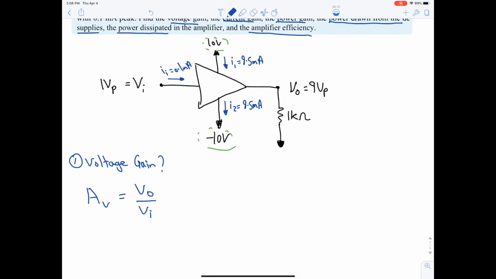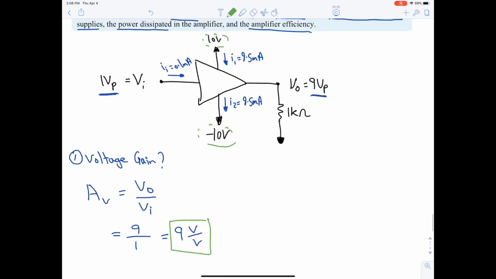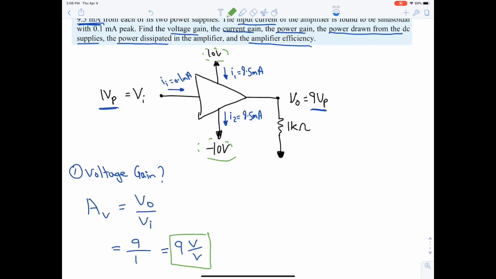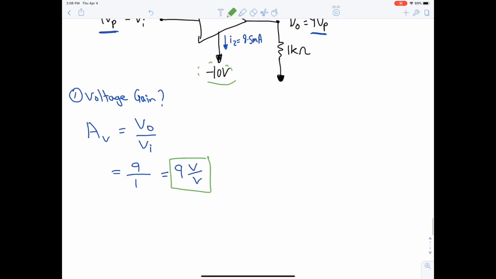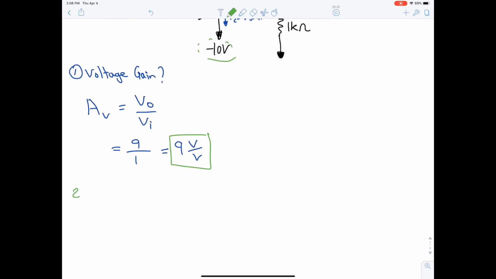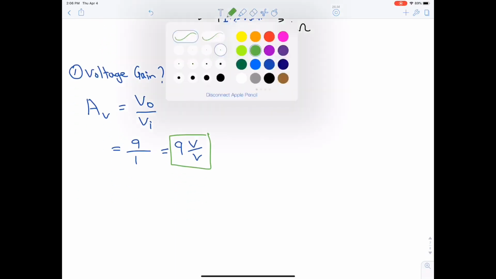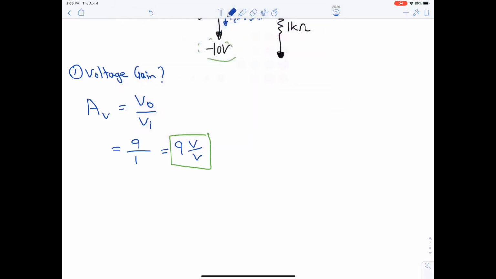V output is 9 and V input is 1. So the answer is 9 volt over volt. This is the answer for the first requirement. The second requirement is current gain.